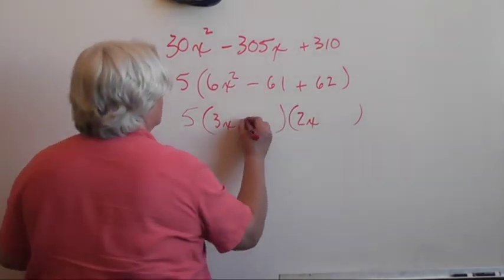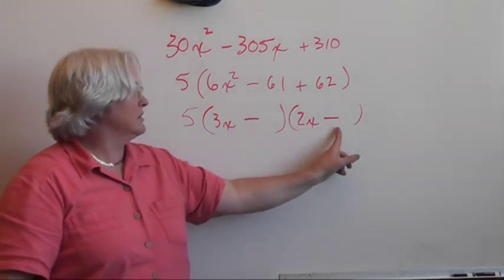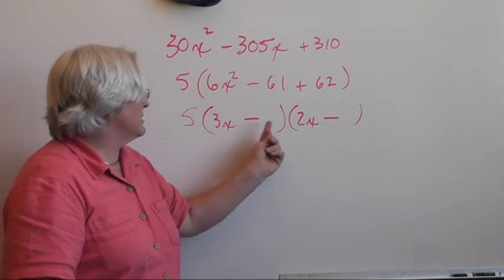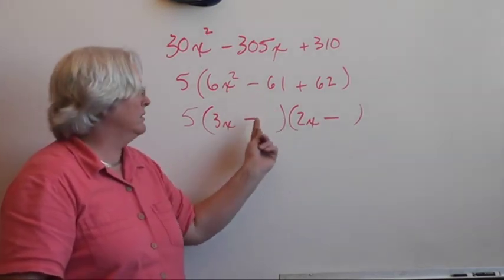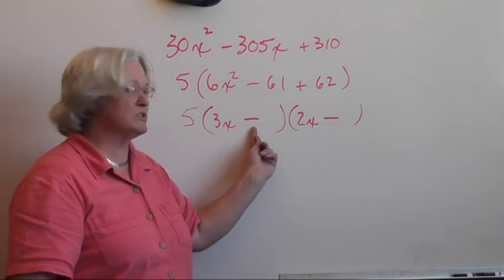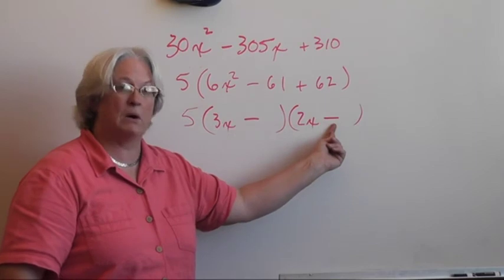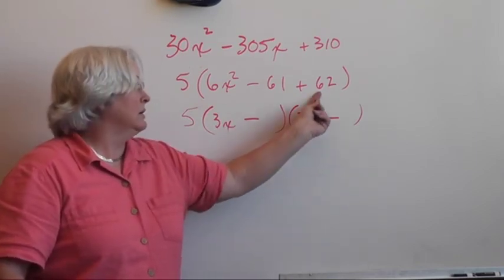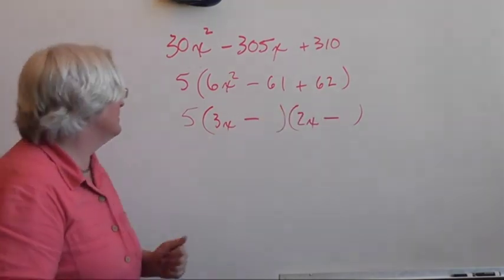It's going to have to be negative times negative, because a negative times a negative is going to give me my positive third term, and I'm going to be able to sum these two together to get a negative 61. If one factor here were negative and one positive, when I multiplied the last terms together, it would be negative, but according to my problem up here, it has to be positive.